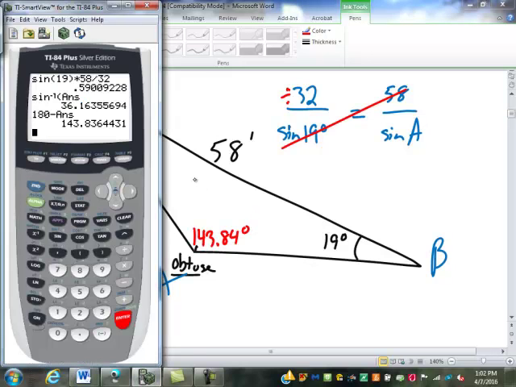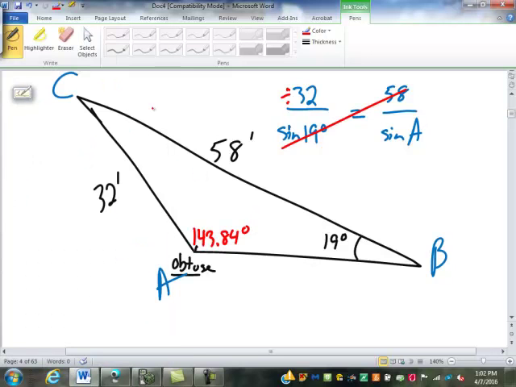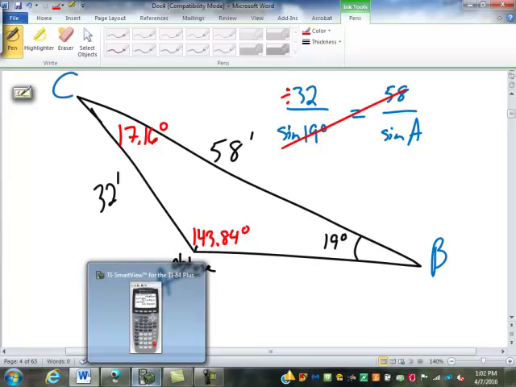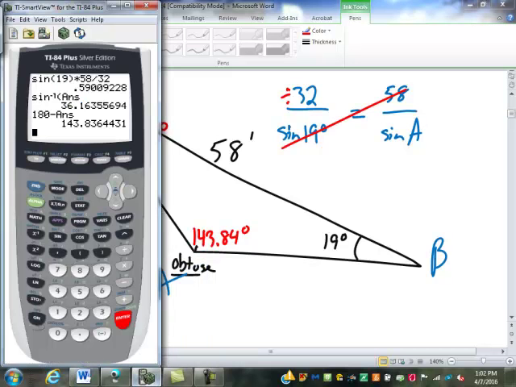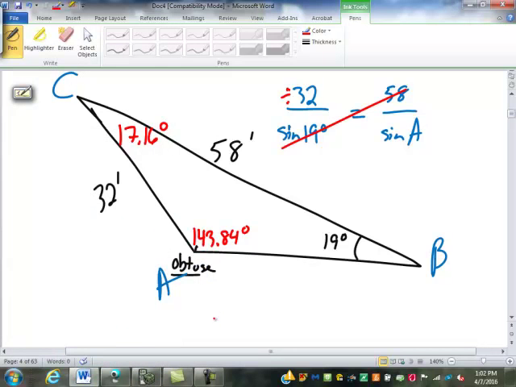This one up here is going to be 17.16 degrees. Correct? How did I get that? Subtract from 180. So now I can find my area. My area must be 32 times 58 times the sine.